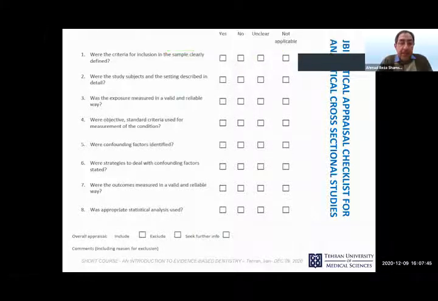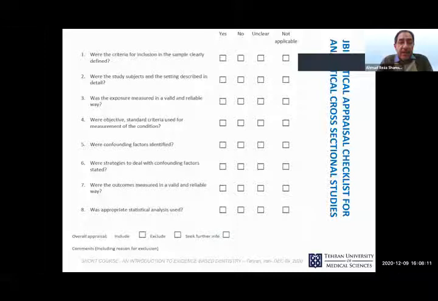The fifth is: were confounding factors identified? As you may know, confounders are a challenging item in epidemiology. Some epidemiologists consider confounders as errors, and some consider confounders as a separate entity.